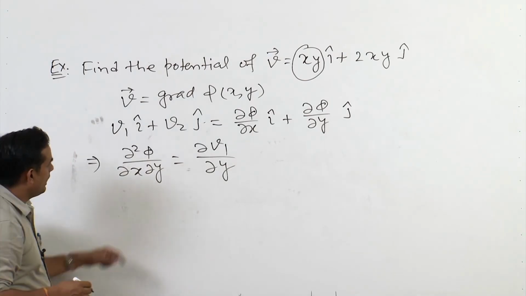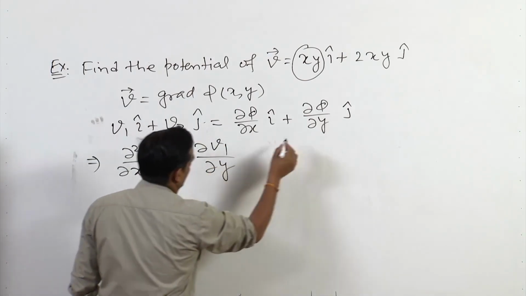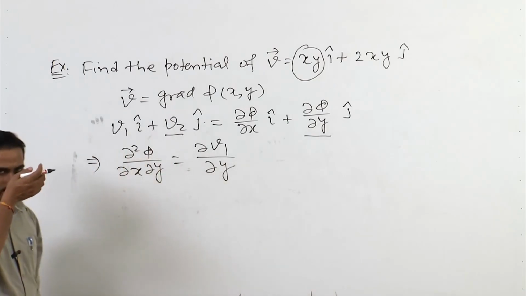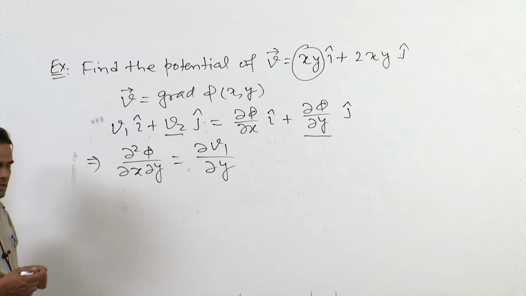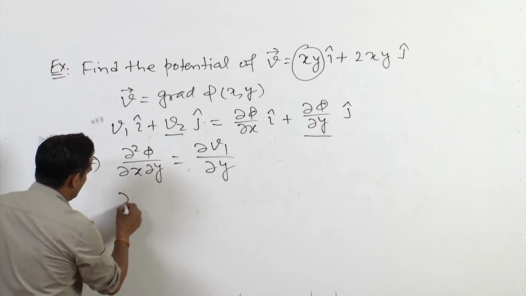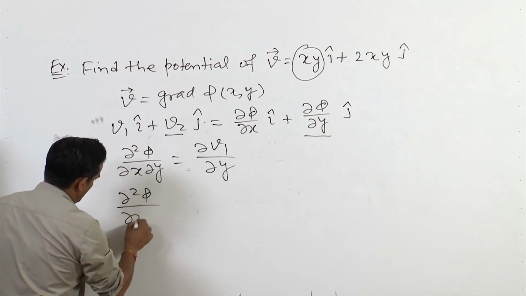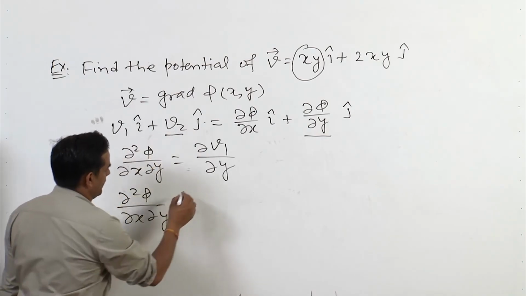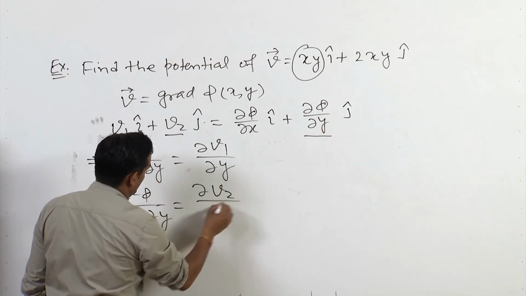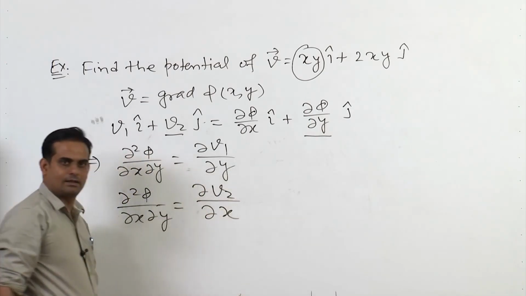Another one, if I differentiate partially the components along j direction with respect to x, that will become del 2 phi over again del x del y, and this will become del v2 over del x.